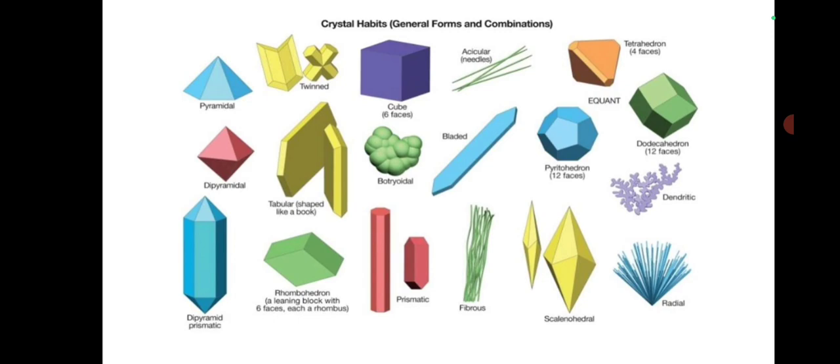Then we have fibrous, then scalenohedral, etc. All those terms which are included in the PPT you need to learn, and also you have to draw or illustrate small sketches of these, because that will be helpful for getting more marks.